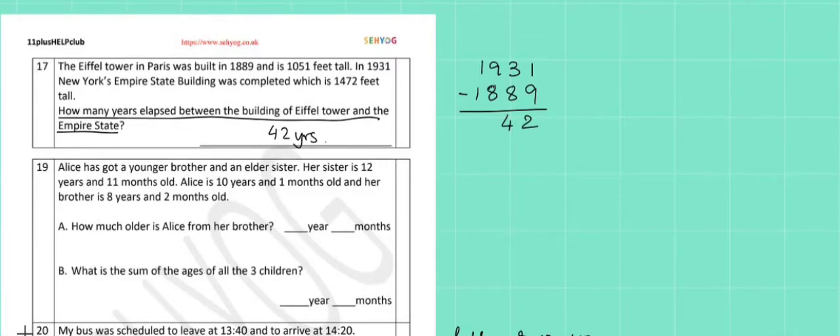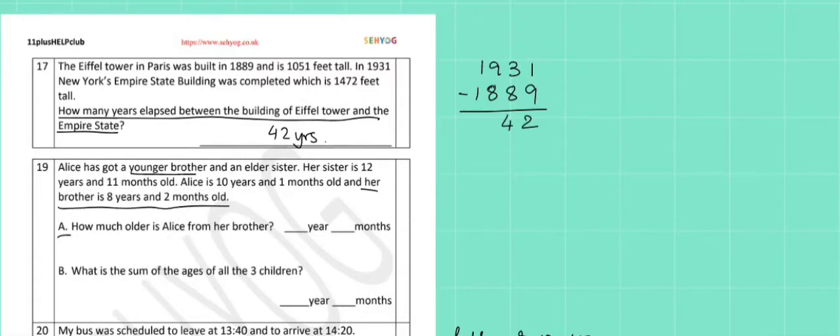Now question number 19, Alice has got a younger brother and elder sister. Now how much older is Alice from her brother? So Alice's age is 10 years and 1 month, and Alice's younger brother's age is 8 years and 2 months.